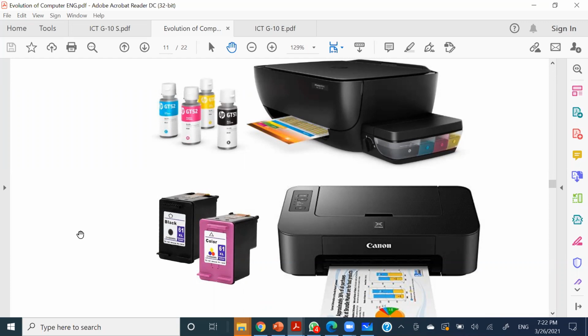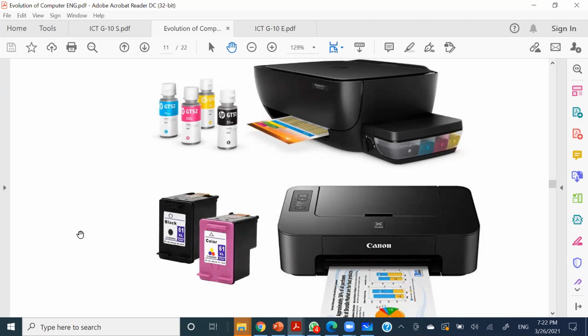Using this, it has to be fixed into the printer and it will be used to generate an inkjet or a bubble jet printout.